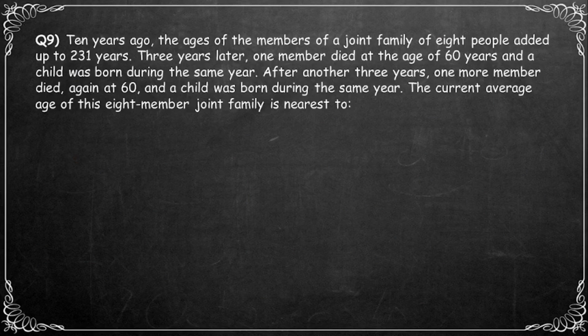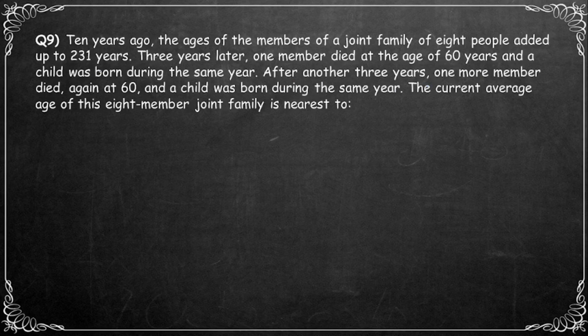Question 9. 10 years ago, the ages of members of a joint family of 8 people added up to 231. 3 years later, one member died at the age of 60 years and a child was born during the same year. After another 3 years, one more member died again at 60 and a child was born during the same year.